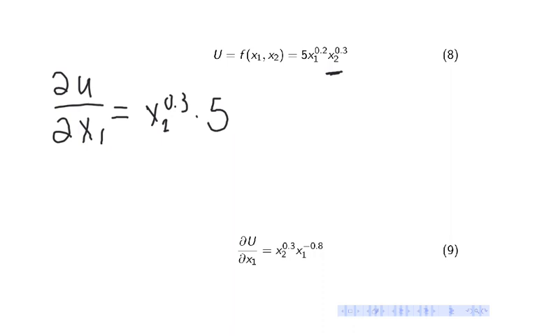Now again, as we did with polynomials, we want to evaluate the variable that we're taking the partial derivative of and take that exponential term down and multiply the expression by it.